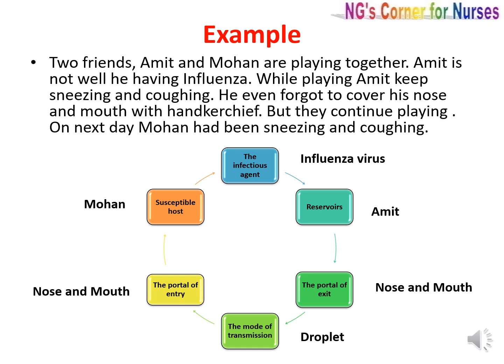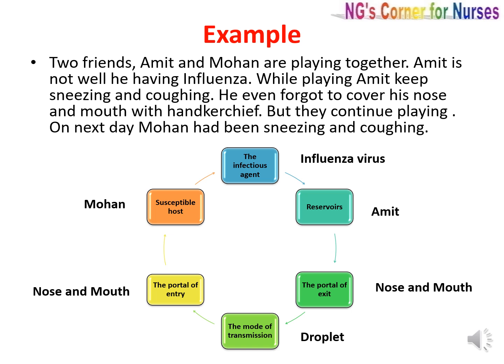He even forgot to cover his nose and mouth with a handkerchief. But they continue playing. The next day, Mohan has been sneezing and coughing. He is very sick. Let's use the story of Amit and Mohan to understand the flow of the chain of infection.